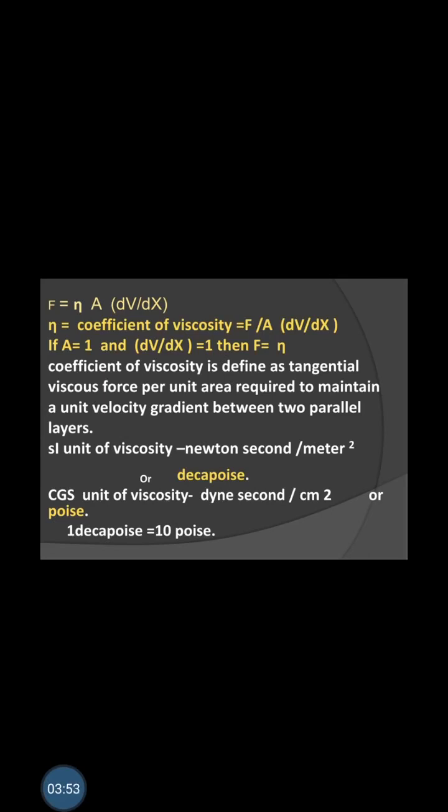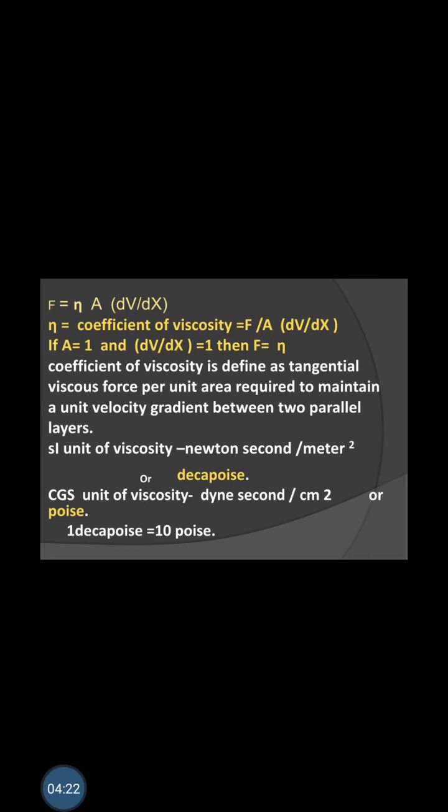If area is equal to 1 and velocity gradient is equal to 1, then viscous force is equal to the coefficient of viscosity. Then the coefficient of viscosity is defined as the tangential viscous force per unit area required to maintain a unit velocity gradient between two parallel layers.